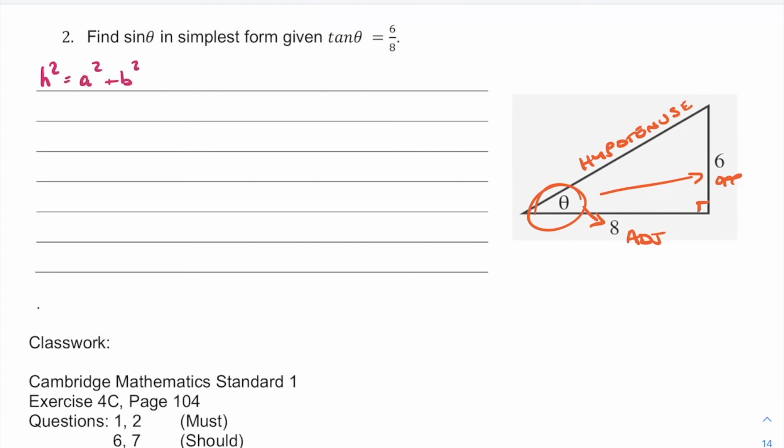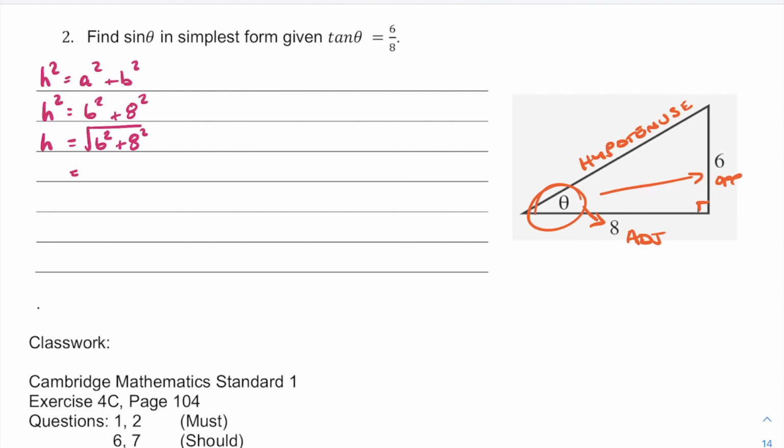So h squared is going to be 6 squared plus 8 squared. Now, because this is plus, it doesn't matter if you do 6 squared first or 8 squared first. It's going to be the same. All right, h is the square root of this.